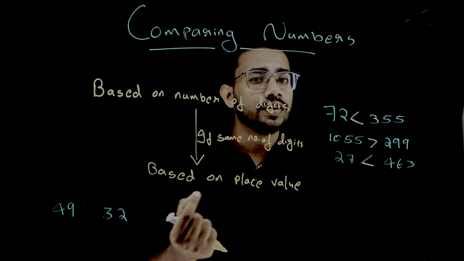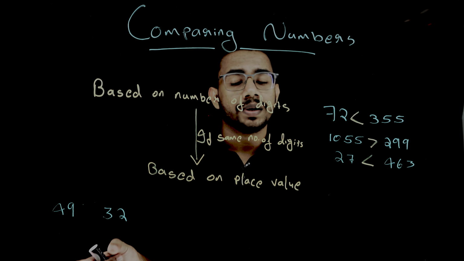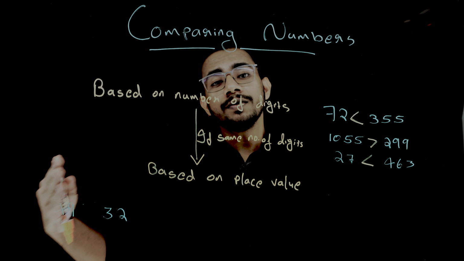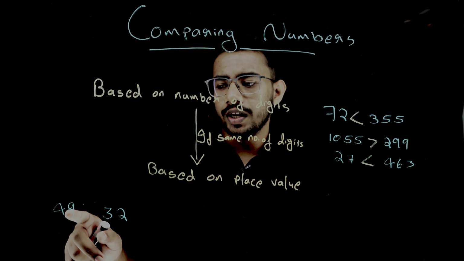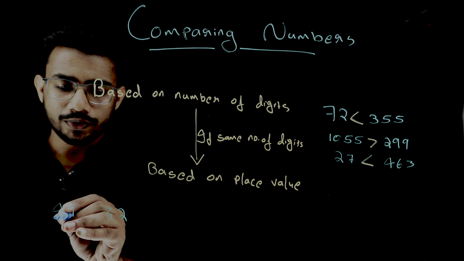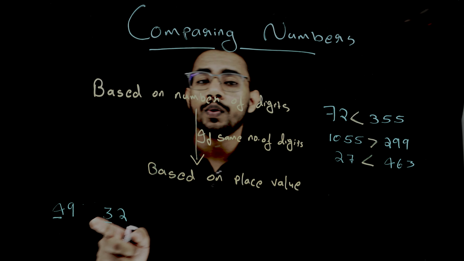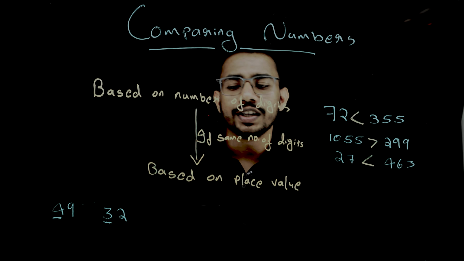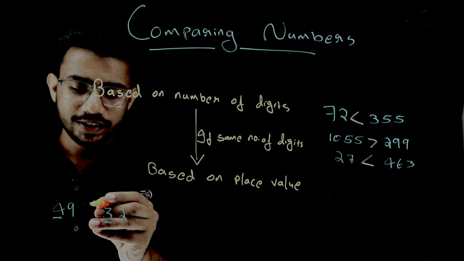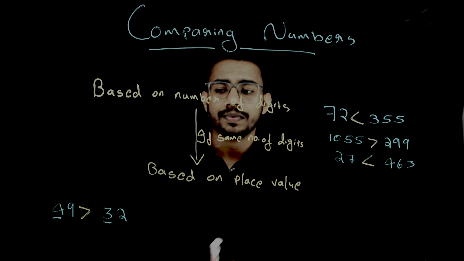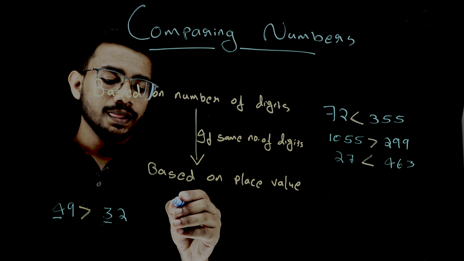So how will we compare? We compare from the highest place value onwards, that is from the left side of a number onwards. On the left side I have the 4 here and 3 here. Which one is larger? 4 or 3? 4 is larger, so I will write 49 is greater than 32. That's all. Let's go for one more example.